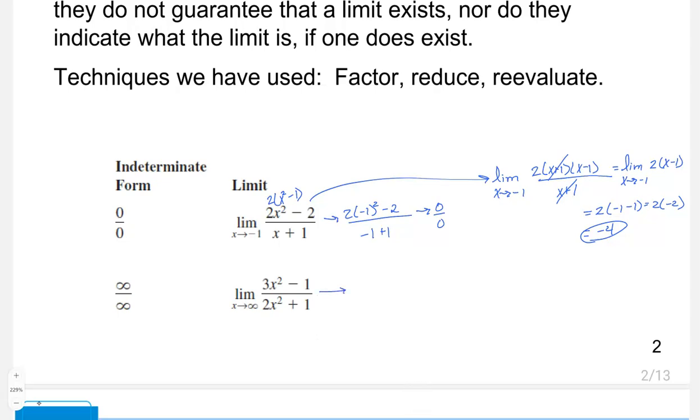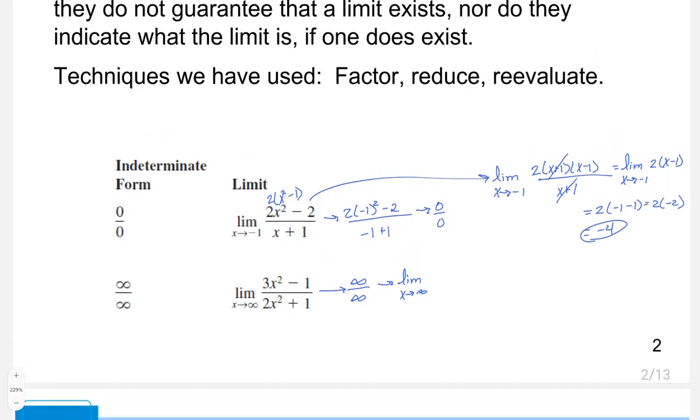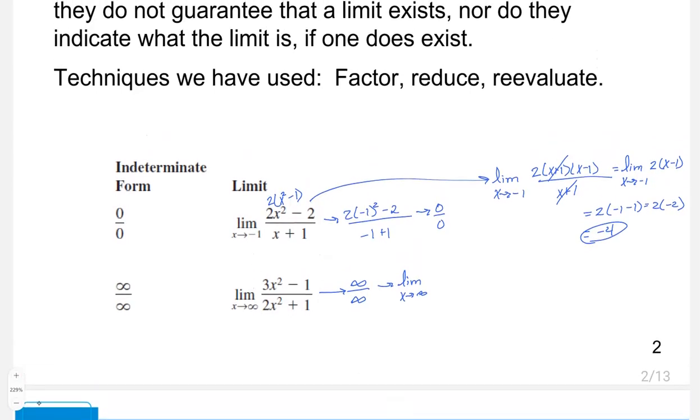This one we saw when we talked about limits at infinity. We're in the form of infinity over infinity. So we said the technique we could use was looking at the denominator and dividing by the x value with the biggest exponent. So we're going to divide everything by x squared in the top and bottom.